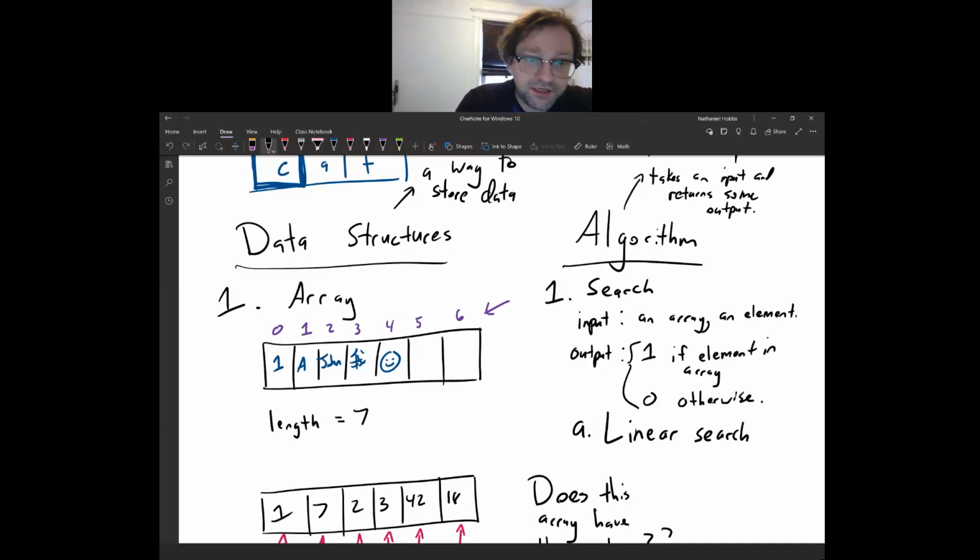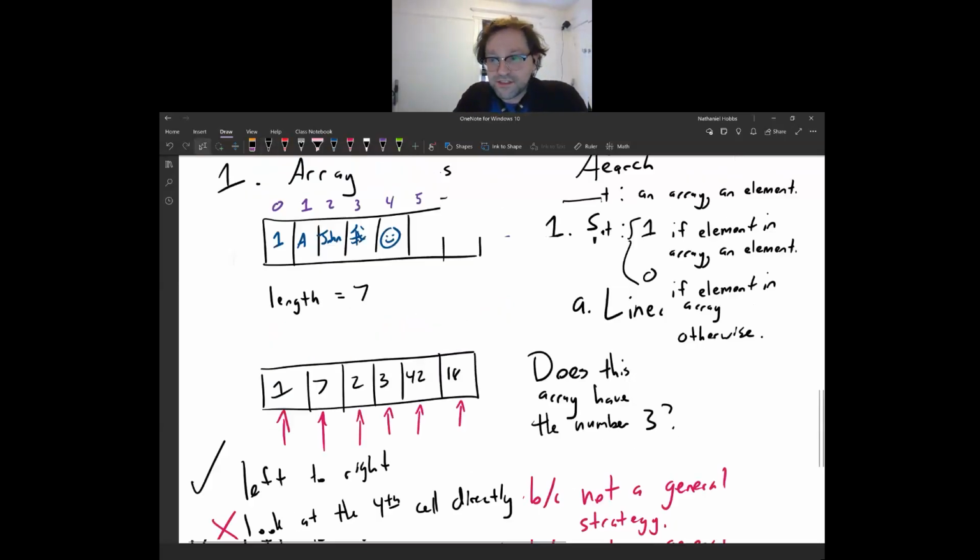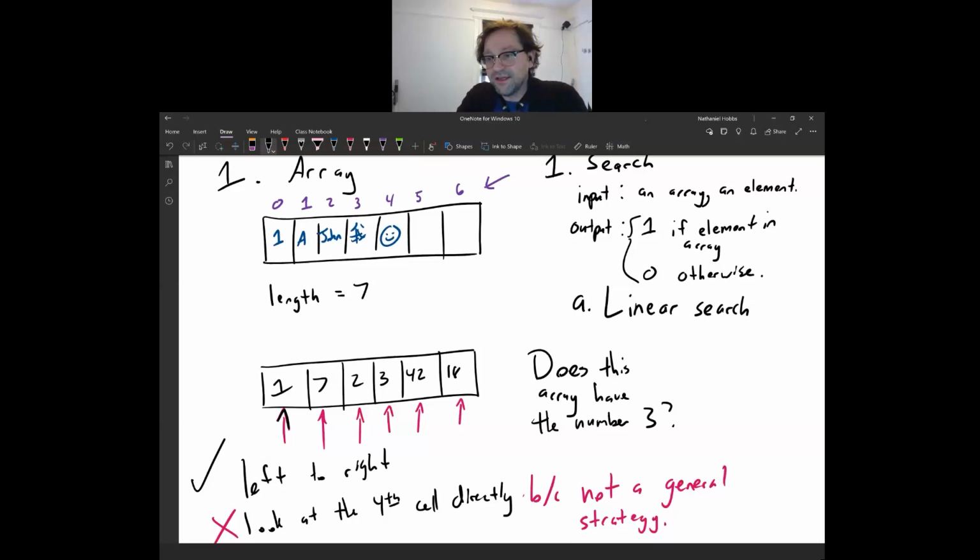If you wanted to find a rough match, then at each one of these arrows, when you're looking at an element, instead of asking, is the number in this cell exactly equal to this number, it would be, is the number in this cell within this range of this number? If yes, then you return yes, otherwise you return no. But that would be a different search algorithm, like a fuzzy search or something.